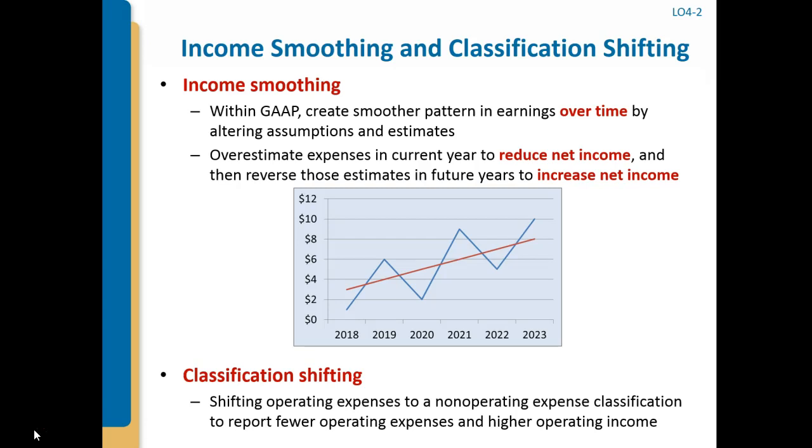Another way managers affect reported income is through classification shifting in the income statement. The most common example of this involves misclassifying operating expenses as non-operating expenses. By shifting operating expenses to a non-operating classification, managers report fewer operating expenses and therefore higher operating net income.